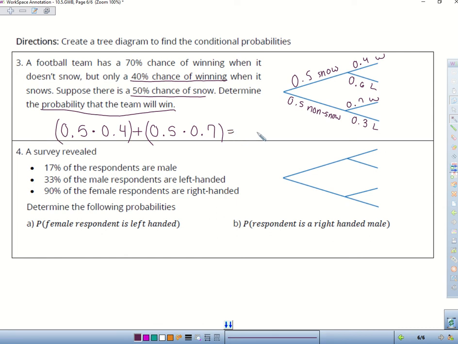So that's going to give me 0.55, or 55% chance of winning. So if the question is less specific, you have to do more math, basically. All right? So I want you guys to try the second problem.